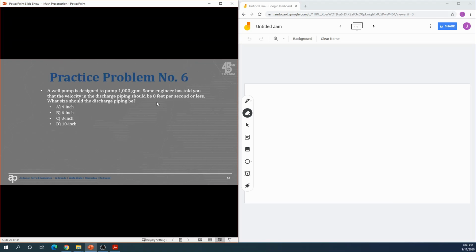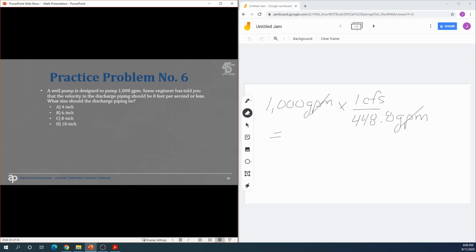So again, we have 1,000 gallons per minute, times 1 cubic feet per second over 448.8 gallons per minute, to get back to our units.